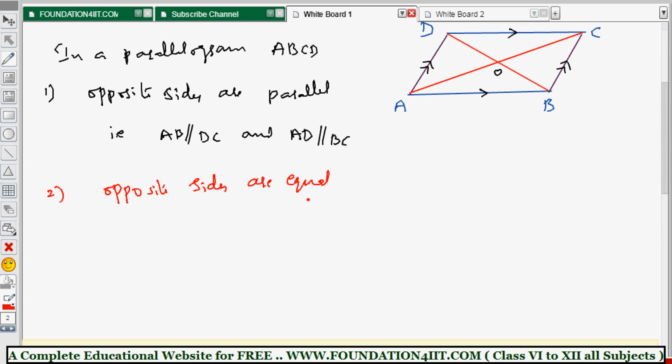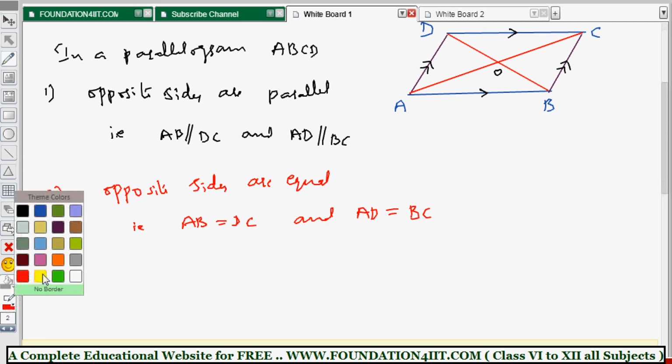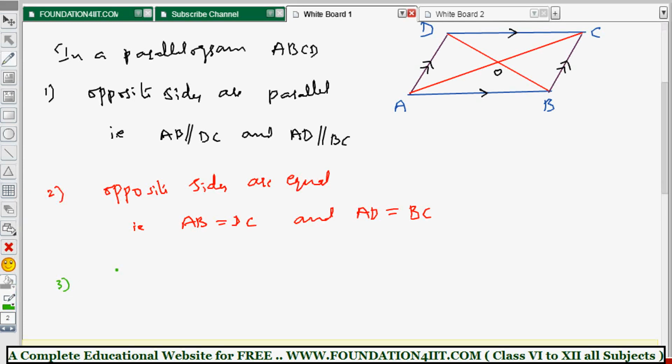So they are parallel as well as equal. That is, you can write AB is equal to DC. The opposite sides are equal. Then AD is parallel to BC, and AD is equal to BC also. These opposite sides are equal. And opposite angles are equal in this parallelogram.